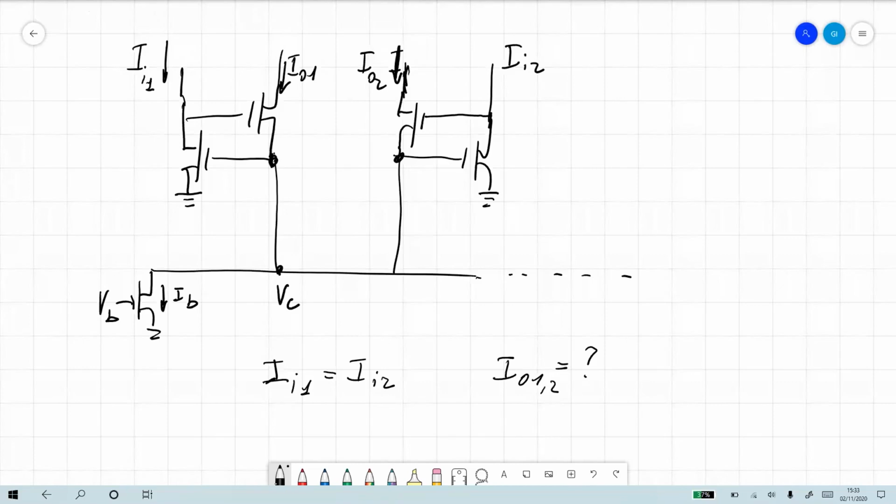Can anybody guess? IB over 2? Yes, they're equal, and because of Kirchhoff's current law that the sum has to be equal to IB, they're both equal. It's assuming all transistors are identical. Exactly. So that's the easy case.